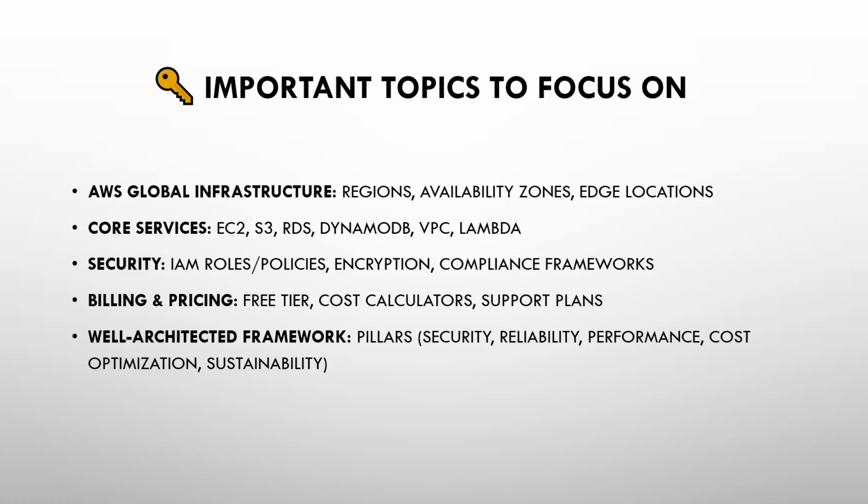The Well-Architected Framework includes the pillars, and this is also important. You can go through the playlist, where multiple videos are uploaded which include the questions and answers for previous exams. So you will come to know the pattern, which is helpful for preparation as well.